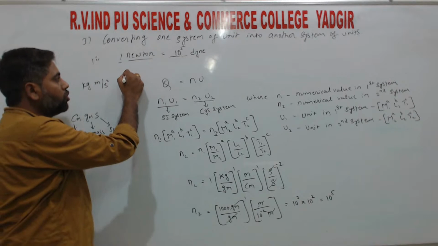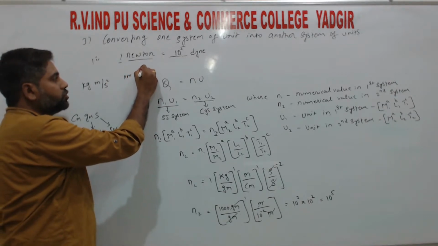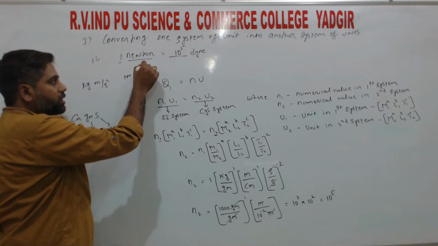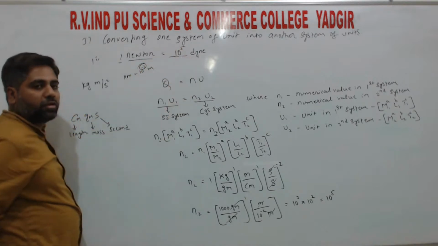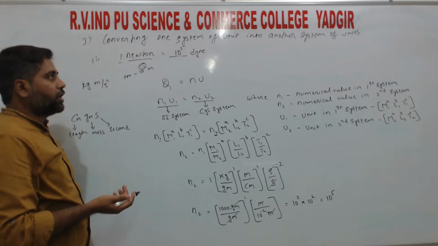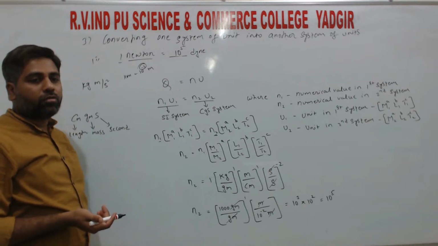So this is similar to 1 centimeter is equals to 10 to the power of minus 2 meter, right? So ಇಲ್ಲಿ minus 2 ಇದೆ, so ಇಲ್ಲಿ ನಮಗೆ ಎಷ್ಟು ಬಂದಿದೆ 10 to the power of 5, right? So this is converting of one system of unit to another system.